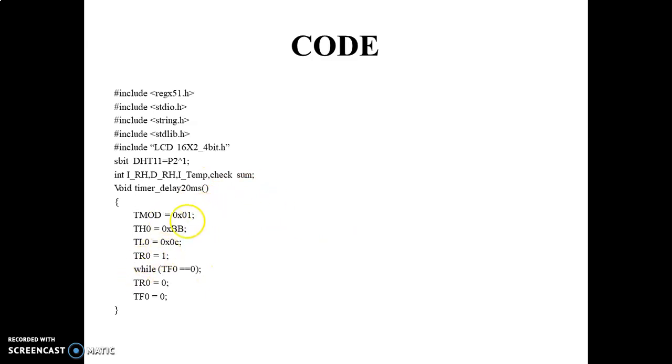Then over here load the higher 8 bits in TH0 and load the lower 8 bits in TL0. Start the timer, then wait until the timer 0 flag is set, stop timer 0, then clear the timer 0 flag.